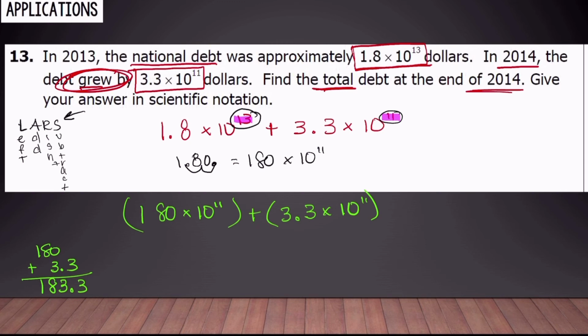Okay, so I have 183.3 times 10 to the 11th. Well, I'm not in scientific notation, so I move it back, and I get 1.833 times. Now, I went to the left, so I need to add, and I went to the left 2.